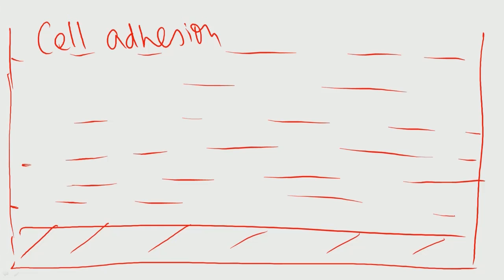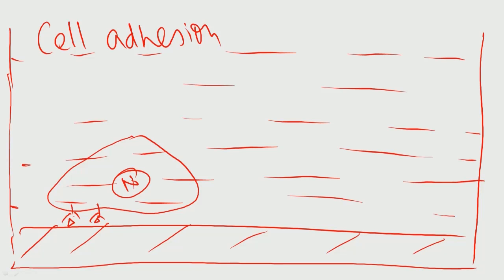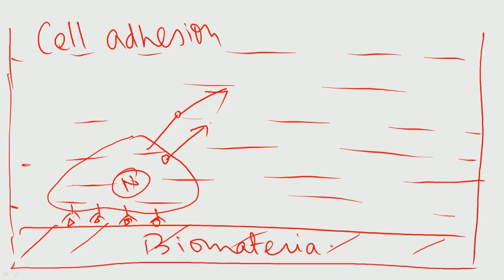So, it is a large number of cells, and here you have your eukaryotic cell, with cell surface receptors and adsorbed protein molecule interaction, and so on and so forth. Once this particular cell establishes a rather firm interaction with this biomaterial substrate, it will send out cellular signals to the extracellular region.